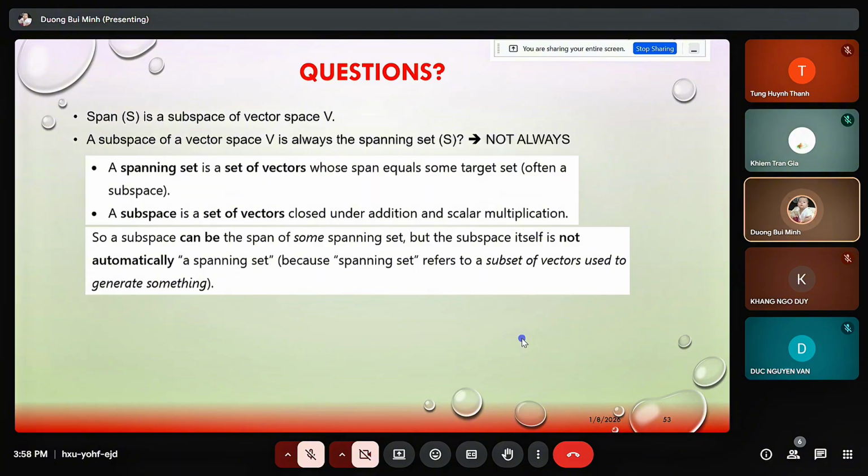The span of S is a subspace of vector space V. Is it right? Let me check this.